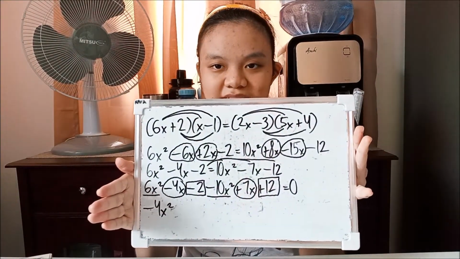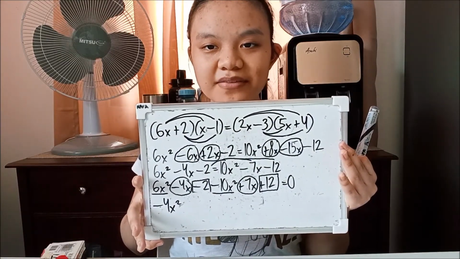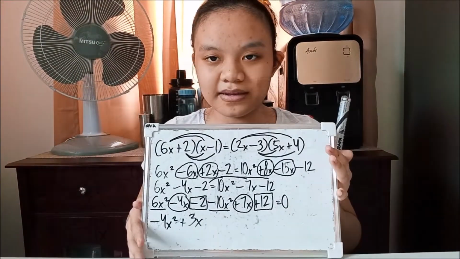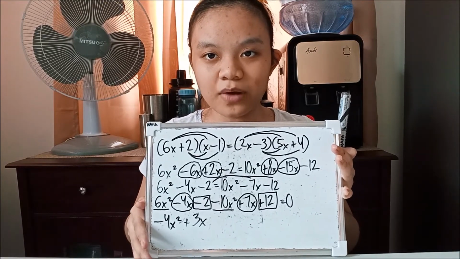Again, you have to follow the integers. Then negative 4x plus positive 7x is equal to positive 3x. And finally, negative 2 plus positive 12 is equal to positive 10.